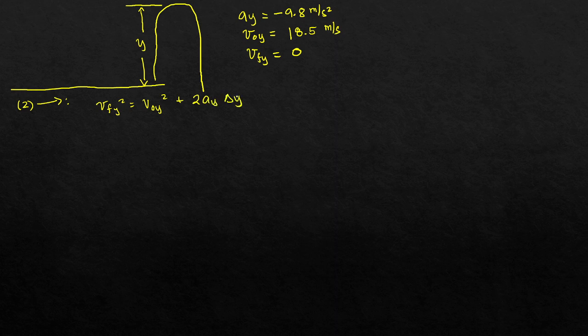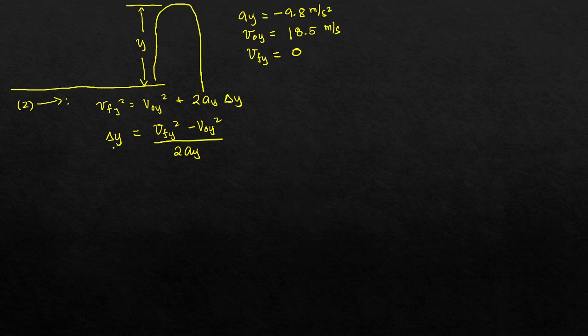If we want to solve for the maximum height, which we can find here as delta y, we first solve delta y. So delta y would give us vfy squared minus v naught y squared all over 2ay.